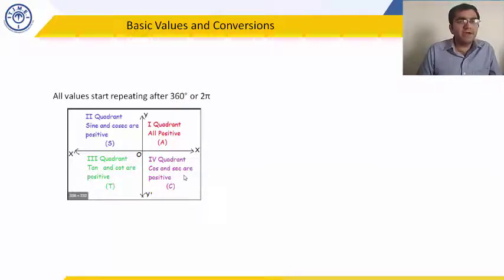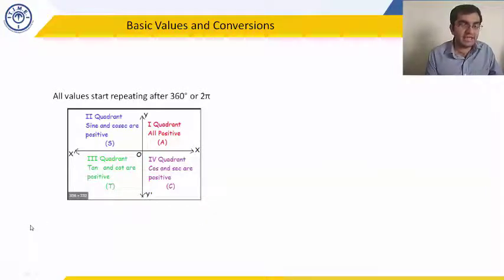And if I were to say, for example, sine 390 degrees, so that can be written as sine 360 plus 30. And I know that the cycle starts repeating after 360 degrees or 2 pi. So sine 390 will be the same as sine 30. Okay, so you must write it in your copy over here.